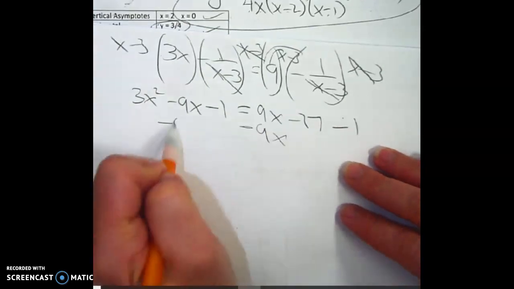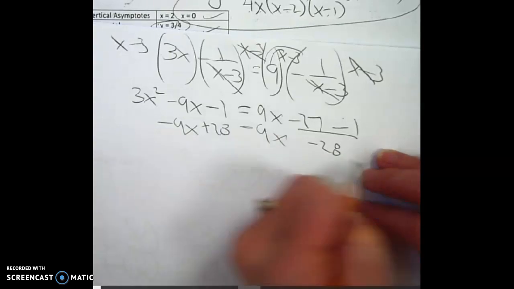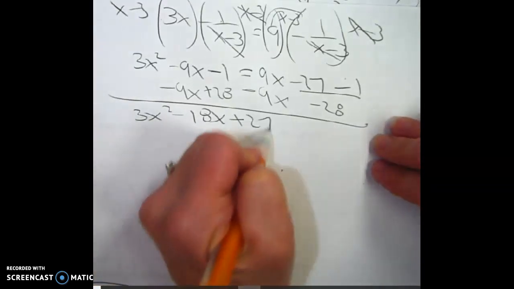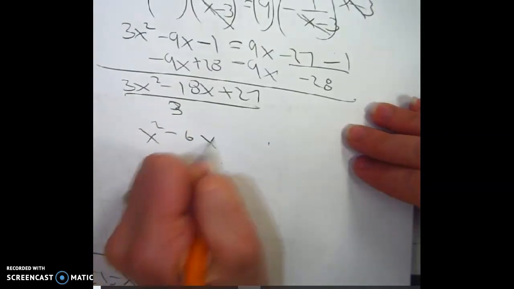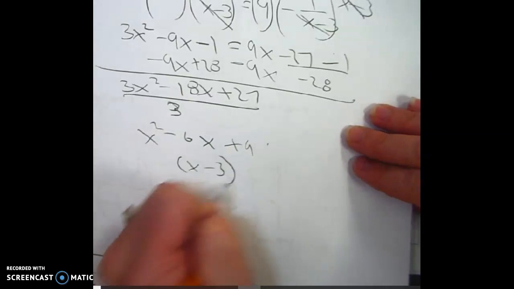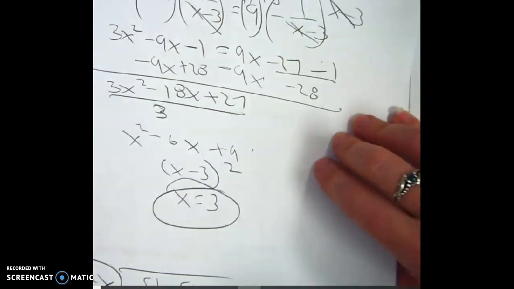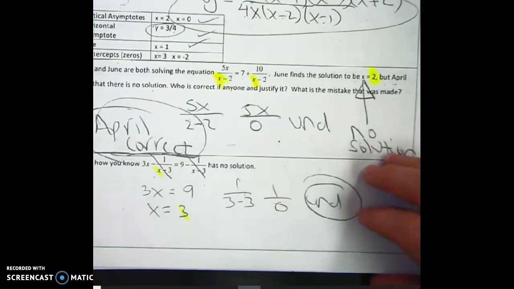Minus 9x. This is negative 28, and then add 28. For solving, so I'm going to divide by 3. x minus 3. x equals 3. There's the 3 that I got. Some of you could also see that if I added this to both sides, it would cancel. Okay?